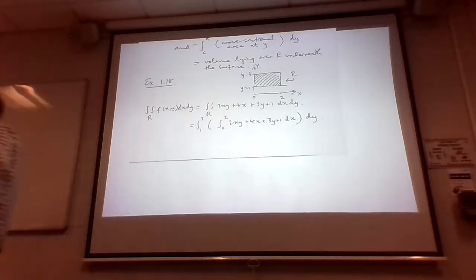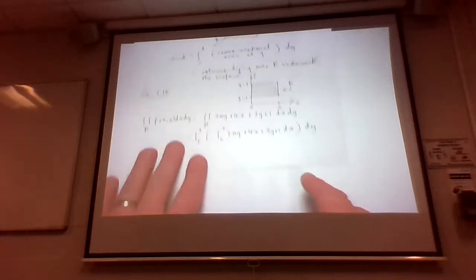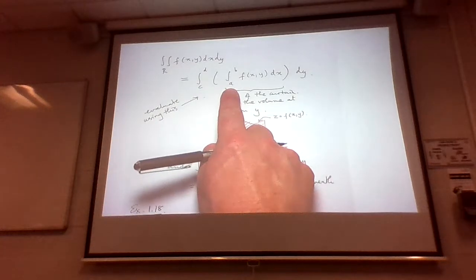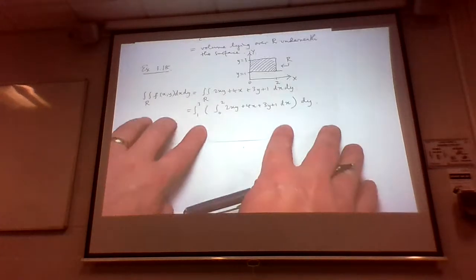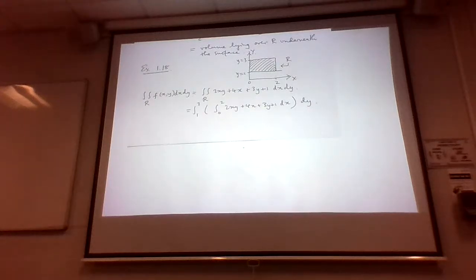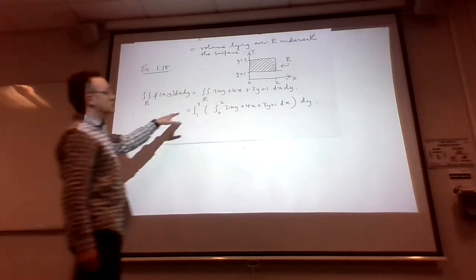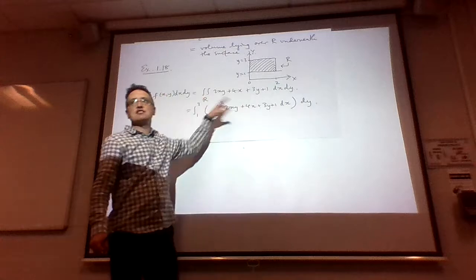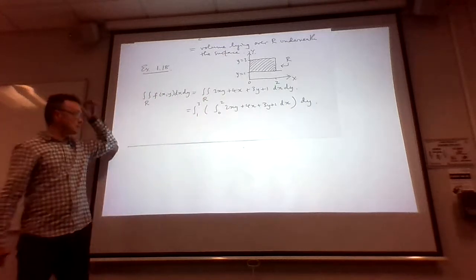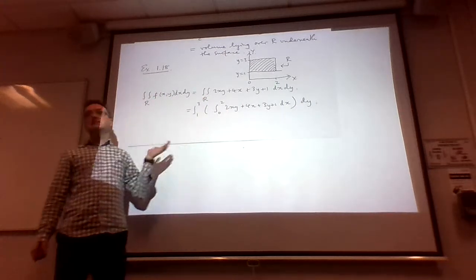So this is the representation that we had here. And this now looks like a repeated integral, and each integral is the kind of thing we recognize. But we have to do it in the multivariable sense.